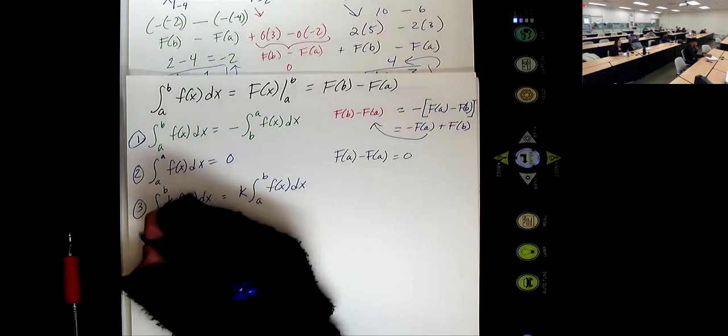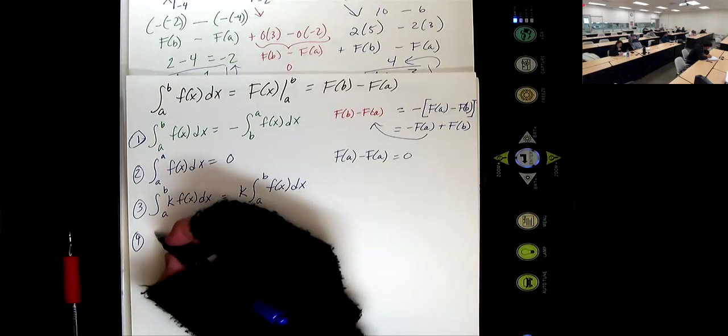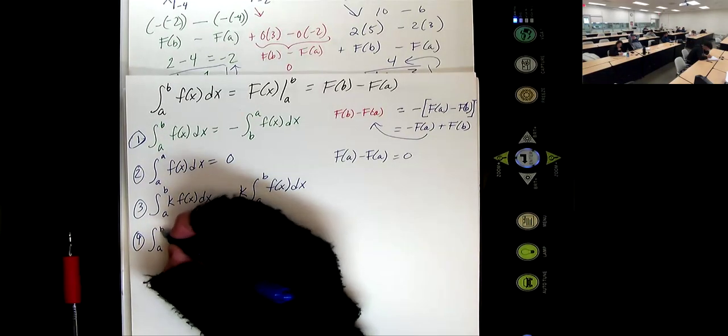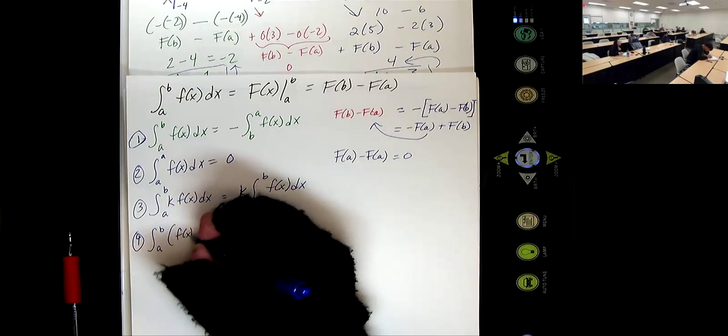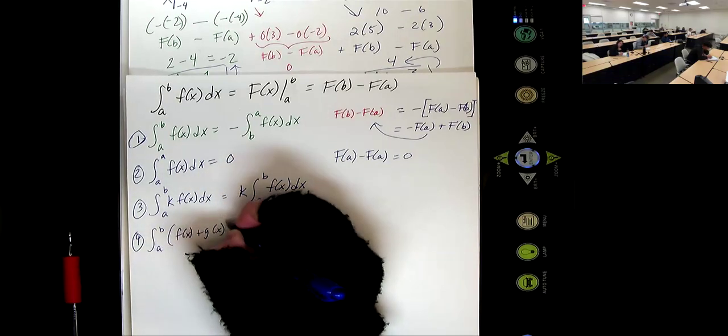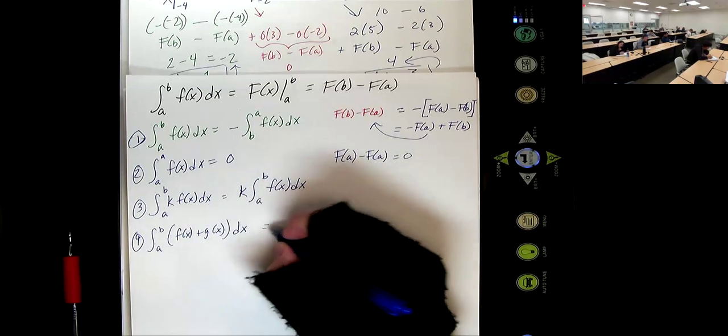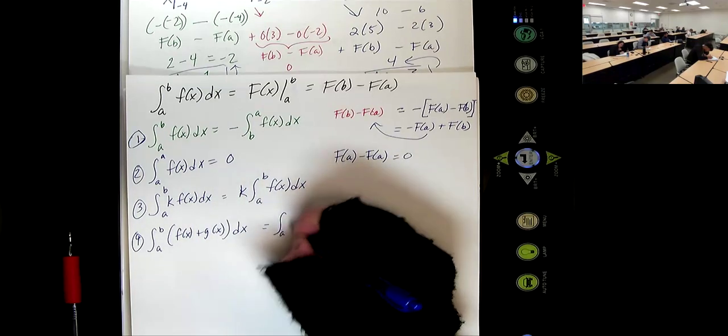We also saw this property on indefinite integrals. If we're going from a to b and we have f of x plus g of x dx, we can split this into two integrals.